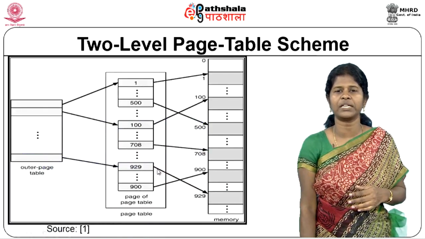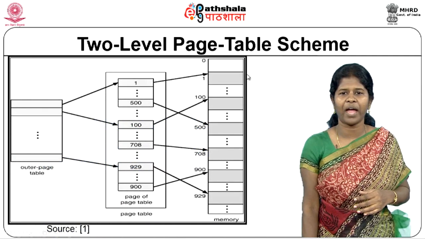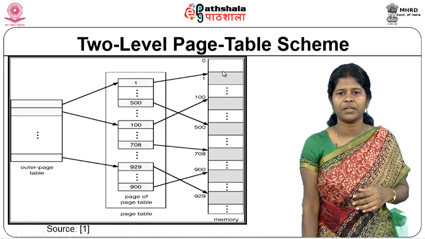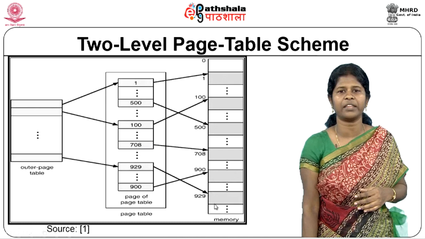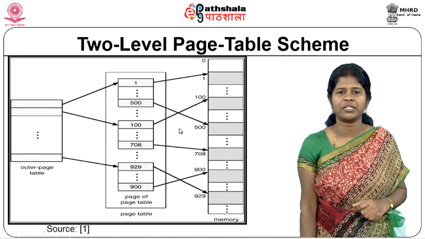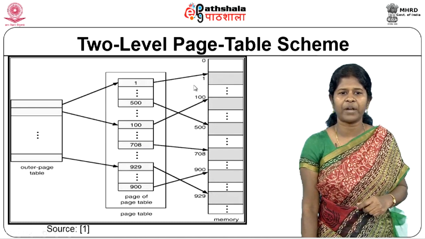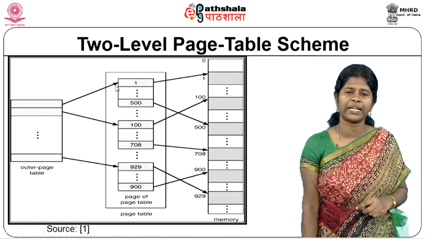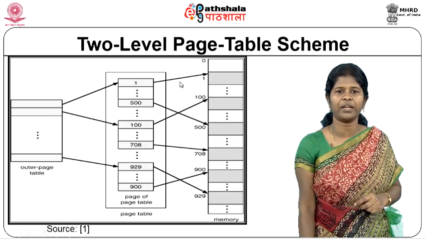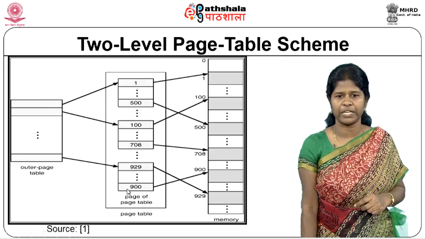So, now let us just look at this diagram. You have different pages which have been placed in different places in the physical memory, and the mapping from the logical address space to the physical memory is kept in the page tables.